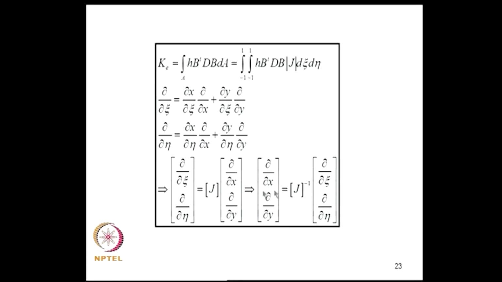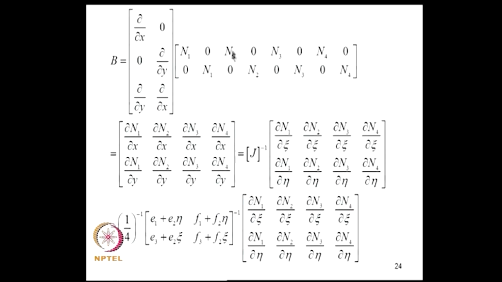So, I can either write this or the inverse of this, I can express dou by dou x and dou by dou y in terms of dou by dou psi and dou by dou eta through J inverse. Now, B, recall B was this for this problem.